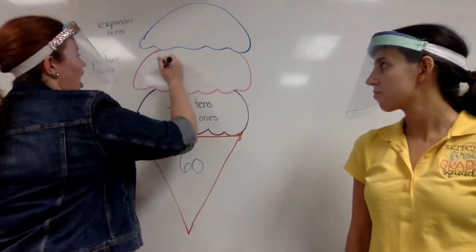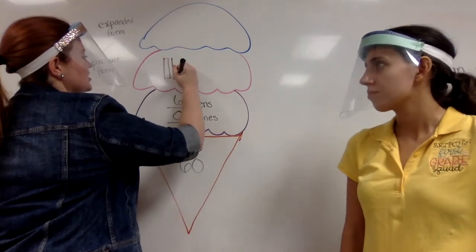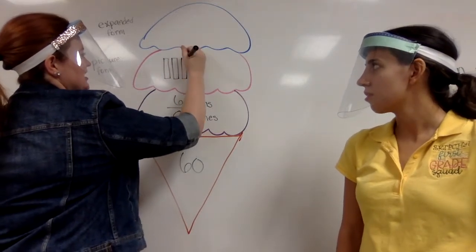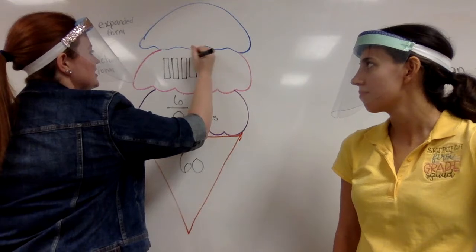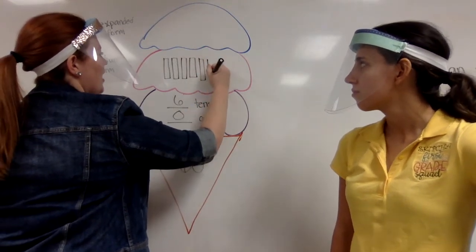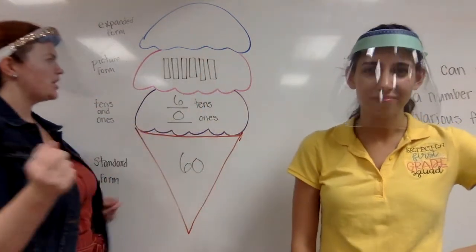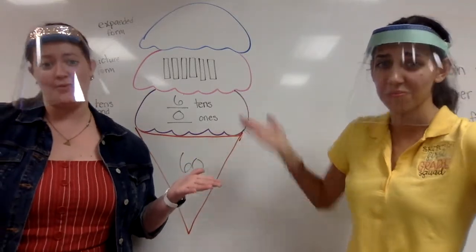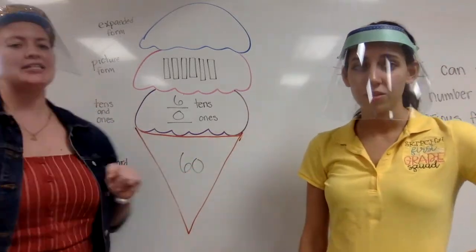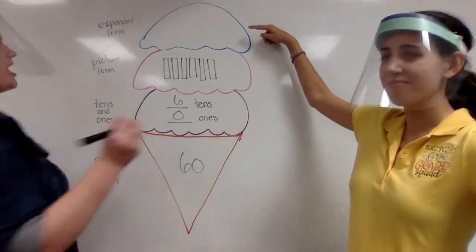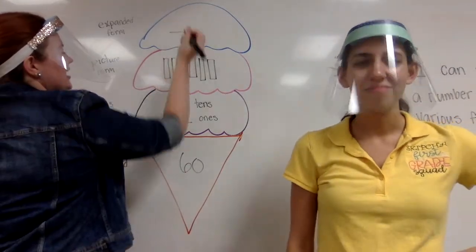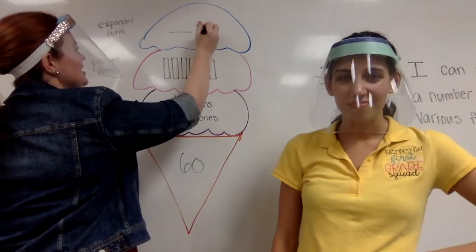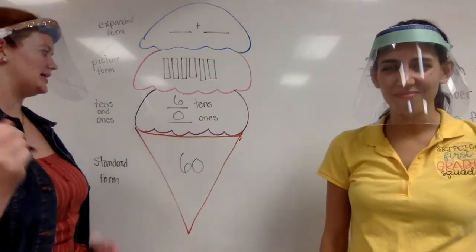Now, I need to put that in picture form. So I'm going to draw 6 tens. Remember, these are the long, skinny guys. And I'm going to do my best to make sure that they are all about the same size. I have 0 ones, so I don't need to draw any ones. And my last ice cream scoop is expanded form. The value of my tens plus the value of my ones.